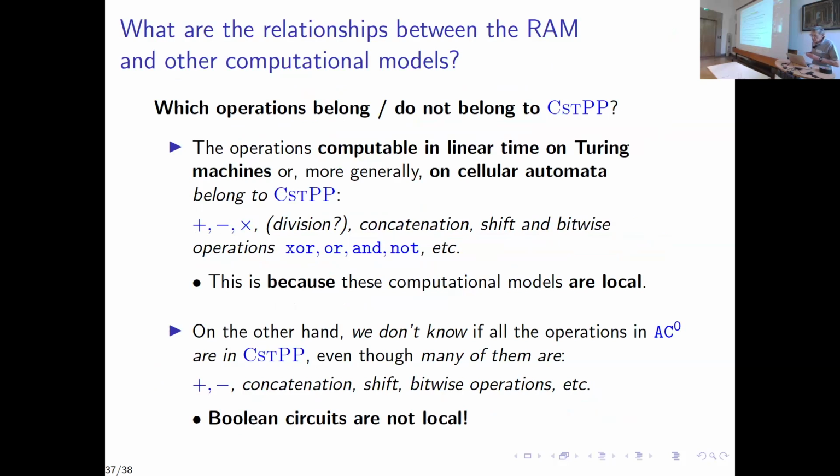Which operations do not belong to this class? There are local operations, arithmetical operations, but also local operations, the operations computable in linear time on Turing machines or on cellular automata, by the same proof. For example, not division, but this can be computed in linear time on cellular automata, not on Turing machines.